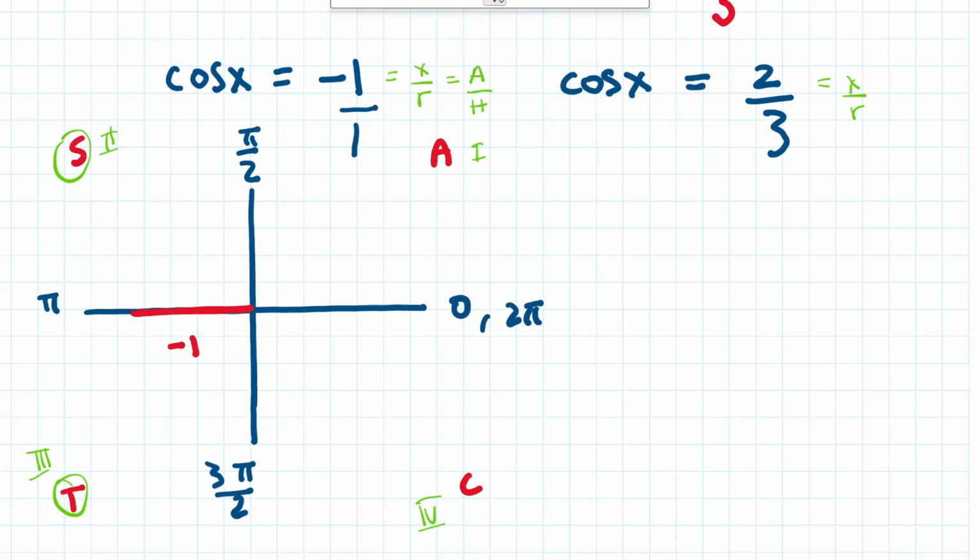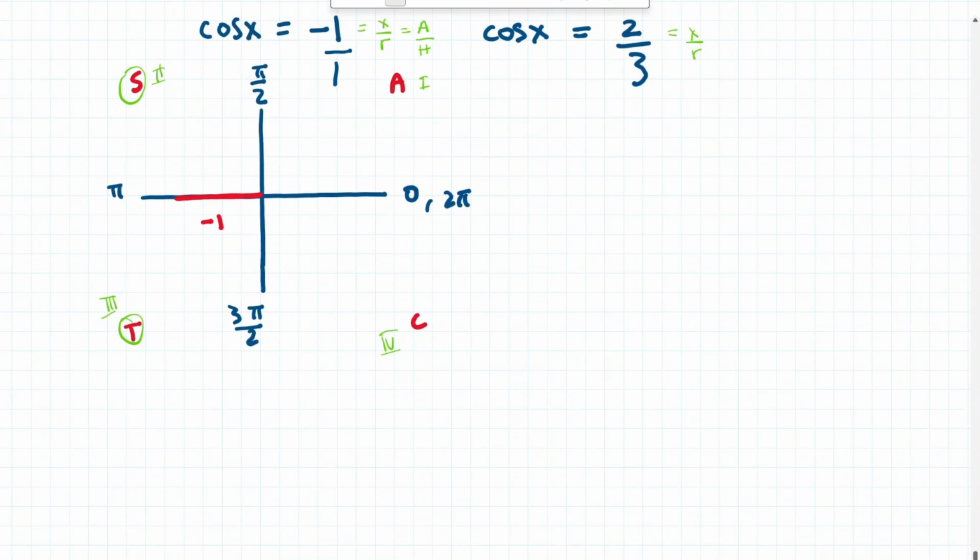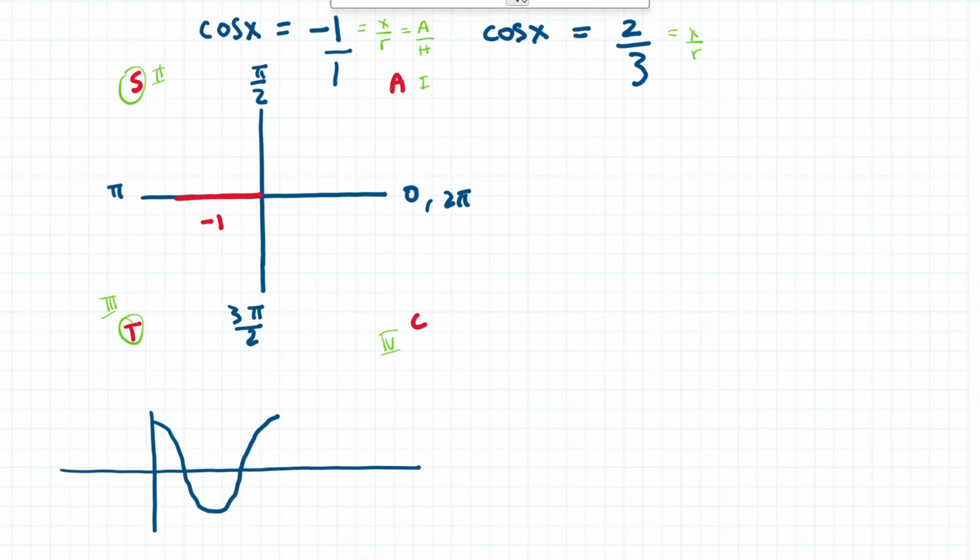When we have values that lie on the actual axis, it's a lot easier to look at the graph itself instead of trying to work with the unit circle. It's one of our exception cases. So let's draw out cos between 0 and 2 pi. We know that cos has a maximum of 1 and a minimum of negative 1. When does it achieve the minimum of negative 1? Because that is our value in question, right over here.